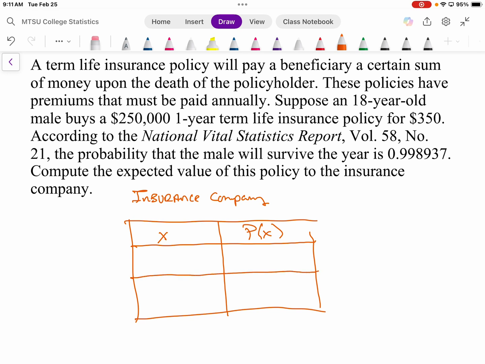Off to the side, I'm going to write down "lives" and "dies," and I apologize for being morbid, because that's more or less what it is. We have a probability that the male is going to live: a 99.89% chance that he's going to live that year when he buys this policy. That's the first probability that we're going to put in there.